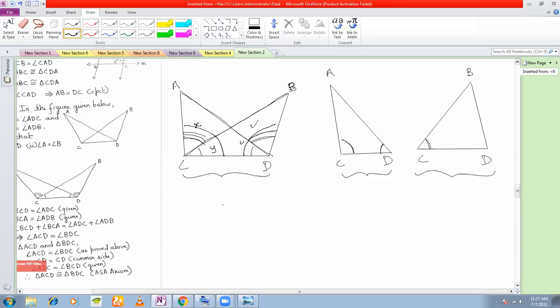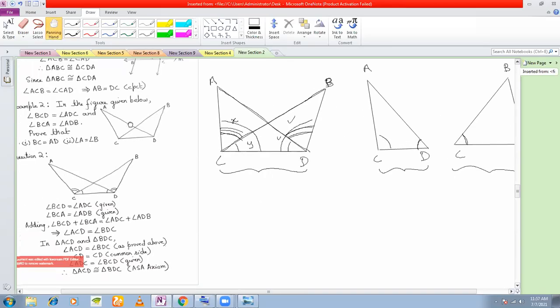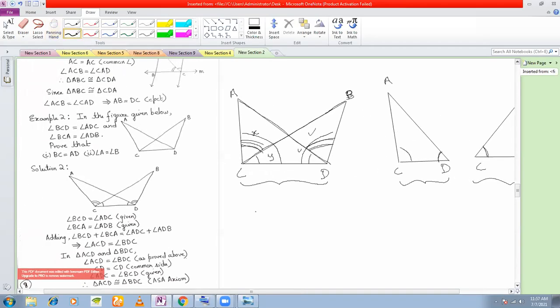So what you do here is, you first write angle BCD is equal to angle ADC. And just below, you write angle BCA is equal to angle ADB. Now you add these two angles.